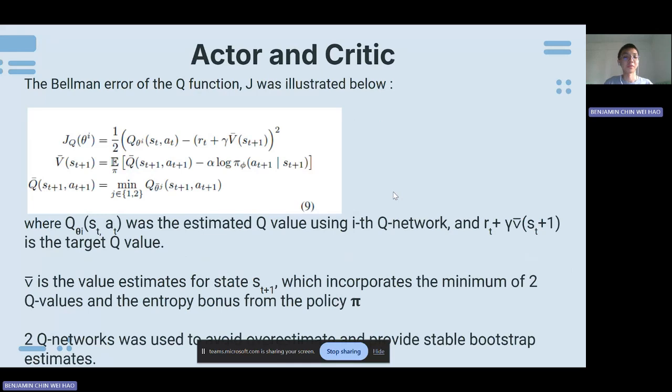The Bellman error for the Q function J is illustrated in the equation below, where Q is the estimated Q value using the network, and r_t plus gamma V-bar of s_t plus 1 is the target Q value, where r is the immediate reward at time step t, gamma is the discount, and V-bar is the value estimate for state s_t plus 1. Two Q networks are used to avoid overestimation and provide a stable bootstrap estimate.